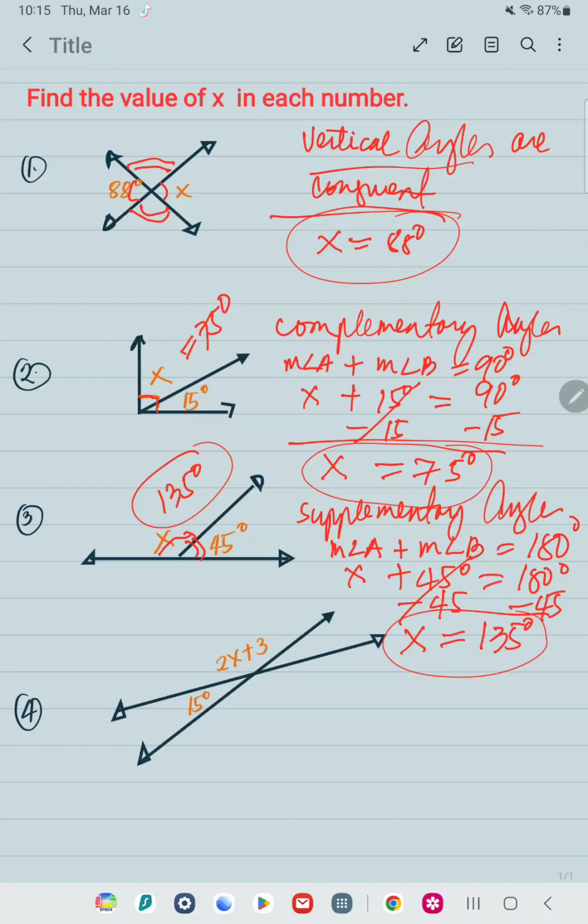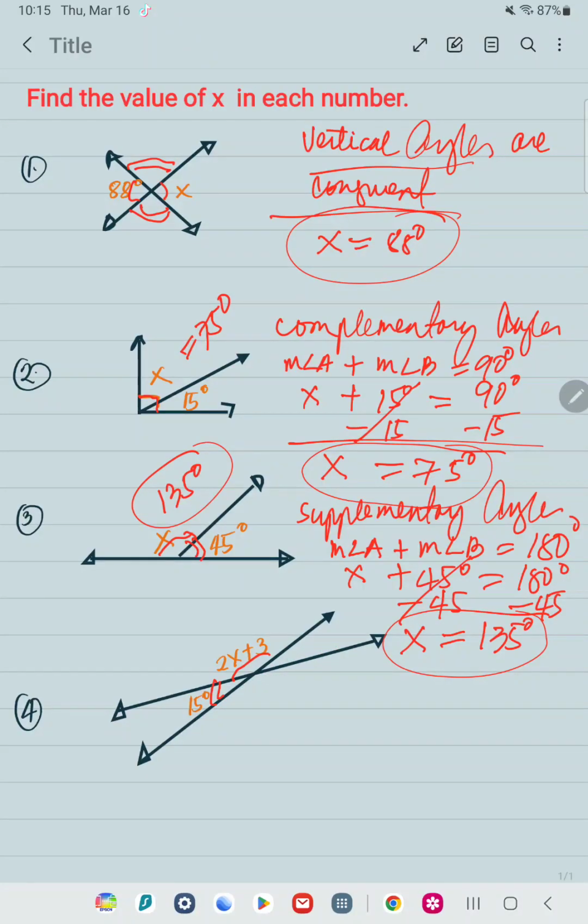Now, in number 4, here we have two intersecting lines. These two angles, this one and this one, are a linear pair of angles. They are formed by two intersecting lines and they are adjacent to each other.